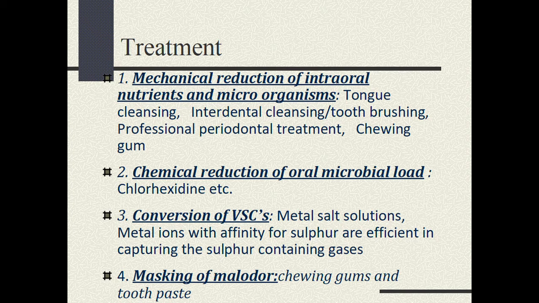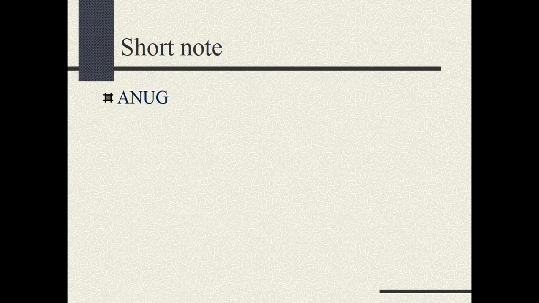Conversion of volatile sulfur compound: metal salt solution, metal ions with affinity for sulfur are efficient in capturing the sulfur containing gases. Masking of malodor: chewing gums and various toothpastes.